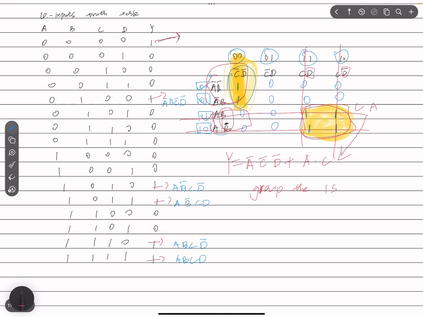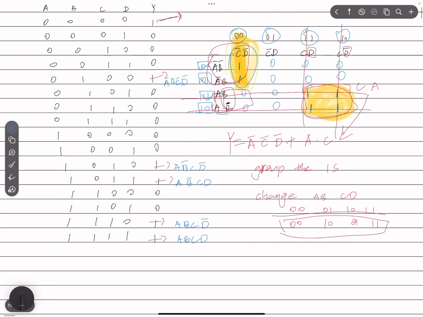If necessary, we can change the order of the inputs. Instead of the order 0, 0, 0, 1, 1, 0, 1, 1, we can write the order as 0, 0, 0, 1, 1, 1, 1, 0, something like that.